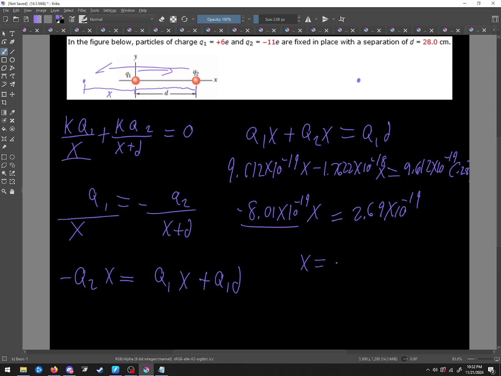I'm getting that x equals negative 0.336. And that is in meters, and that's correct for the negative. Now, how do we get the positive? I would say we flip what Q1 and Q2 are.